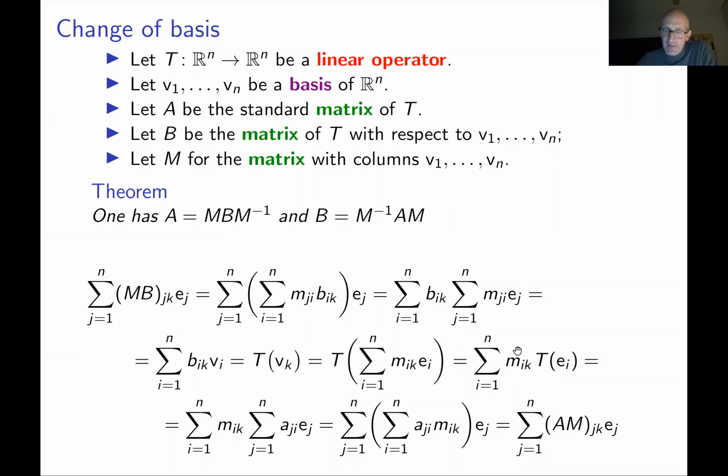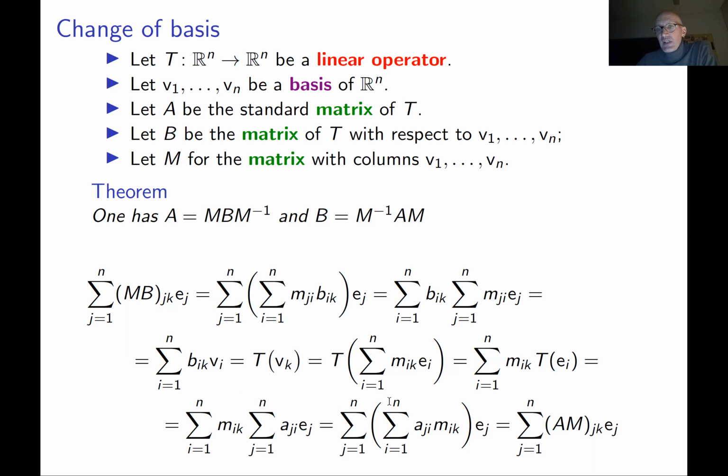So you have this sum. Now, by definition, when you apply T to ei, you can express it as this linear combination, where a_ji are entries of the matrix A. This expression is equivalent to the fact that A is the standard matrix of the linear operator T. So you get this sum.